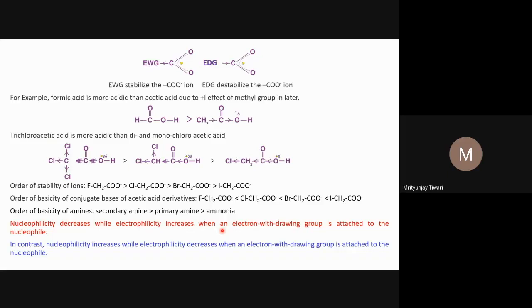However, the electrophilicity of an atom increases. So if an electrophile is there and you add an electron withdrawing group to it, the electron withdrawing group will further increase the electron deficiency of that atom. It will pull away electron density. So the electron deficiency will be intensified, and so the electron withdrawing group increases the electrophilicity of the group to which it is attached.